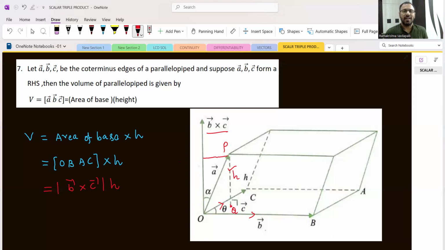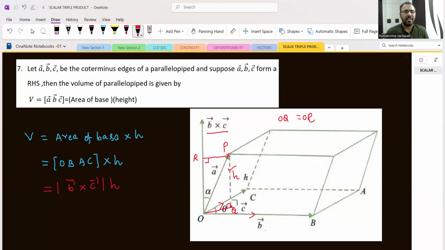I have dropped the perpendicular from the point P onto the B bar cross C bar line. Now it is easy to verify that OQ is equal to OR, and similarly PQ is equal to OR.